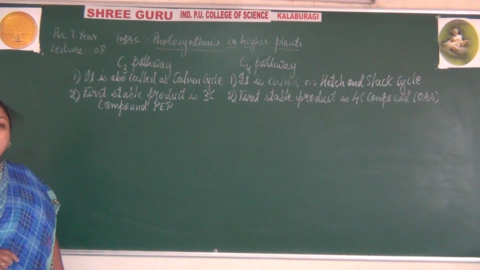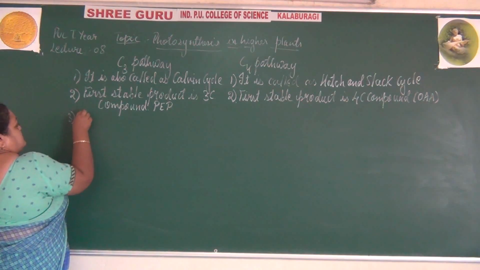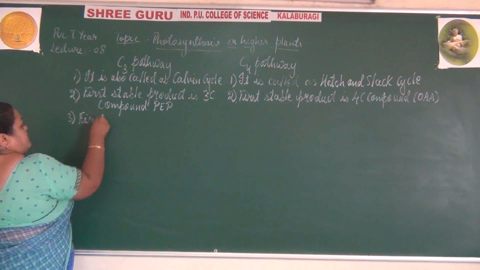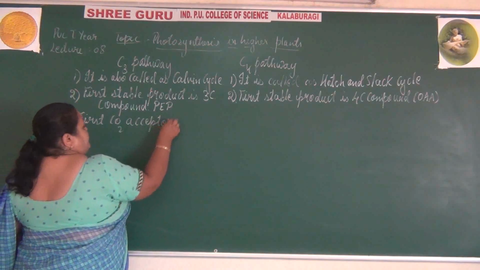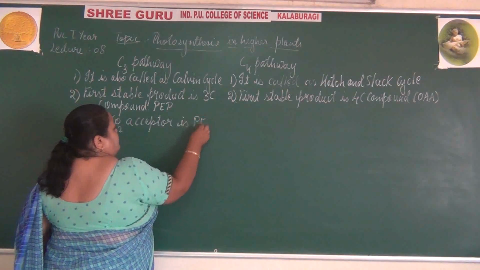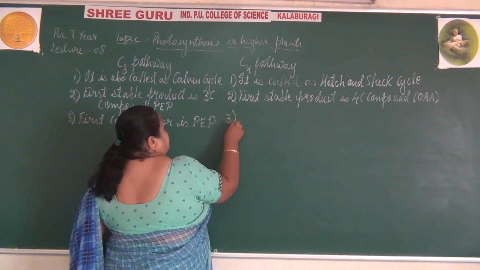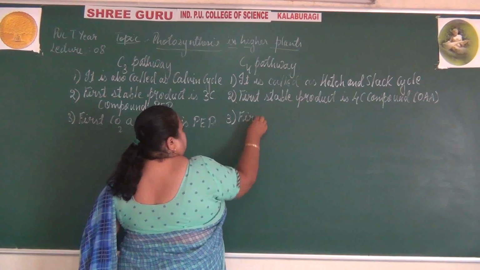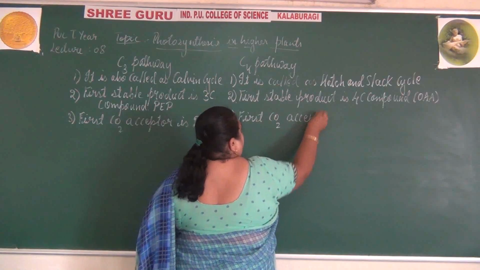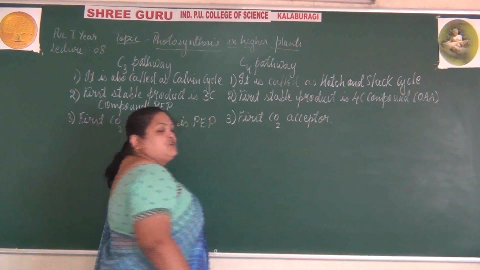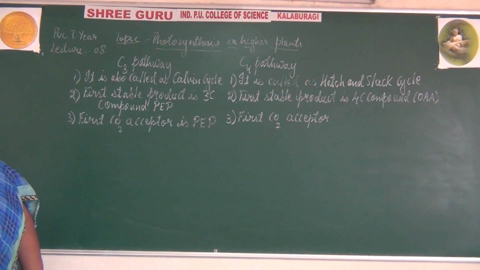Here the first carbon dioxide acceptor is phosphoenol pyruvic acid, while in C4 the first carbon dioxide acceptor... you can just look into the figure. With the figures you are able to identify.